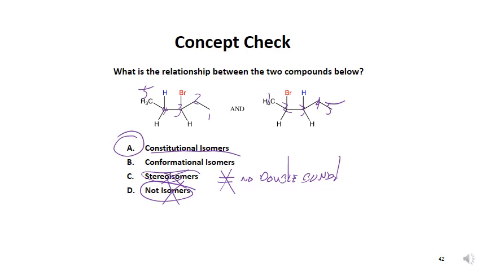Whether you would make this look like this on that side, or make it look like this off of carbon 3. Right? Those are conformationals. No, this is actually constituted differently. So those are constitutional isomers. 2 different names, 2 different materials.